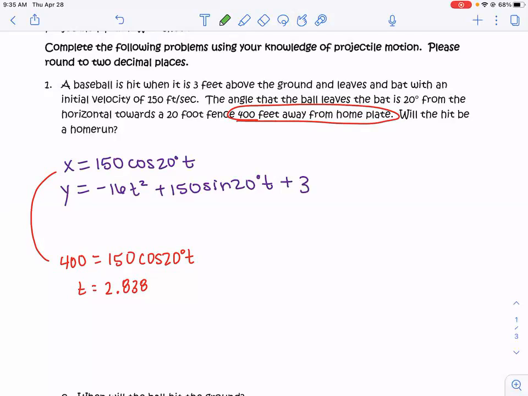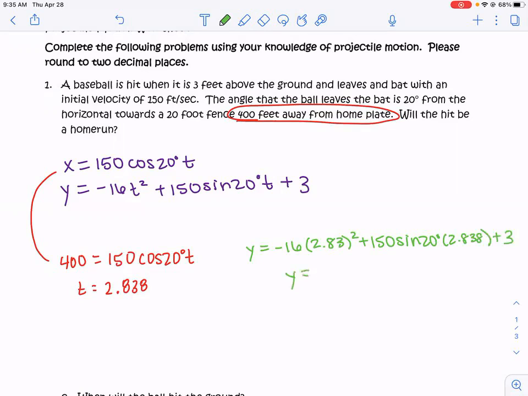Okay, so now we know when the ball will reach the fence. What should we now do with that? How high is the ball when it reaches the fence? Okay, so y equals -16t squared plus 150 sine of 20 degrees t plus 3.